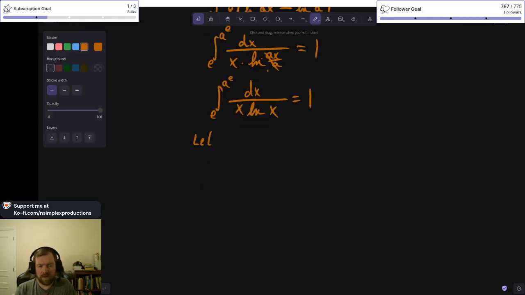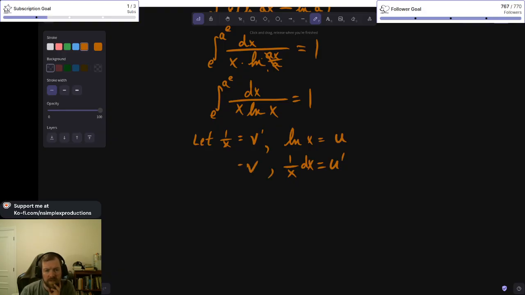So we let 1 over x be v prime, and natural log x be u. So u prime is going to be equal to 1 over x dx. And then v is going to be the integral of 1 over x, which is going to get us another natural log, though. Might be okay. We'll see.